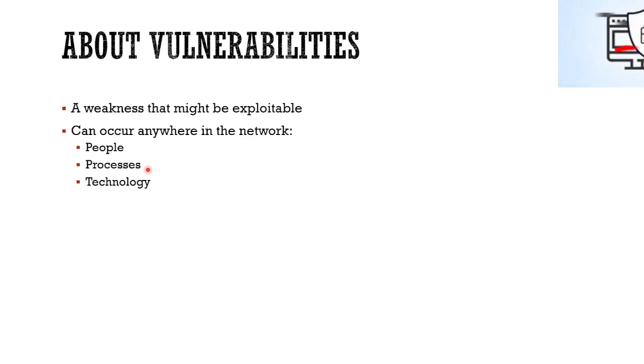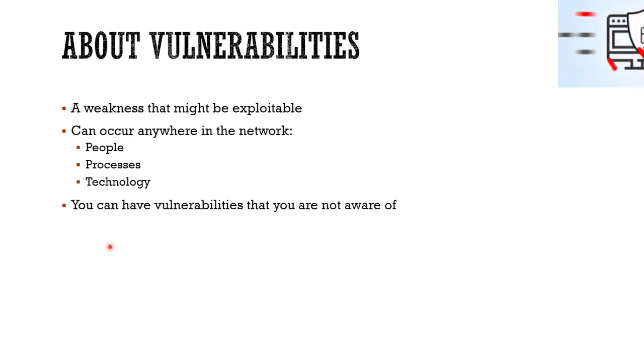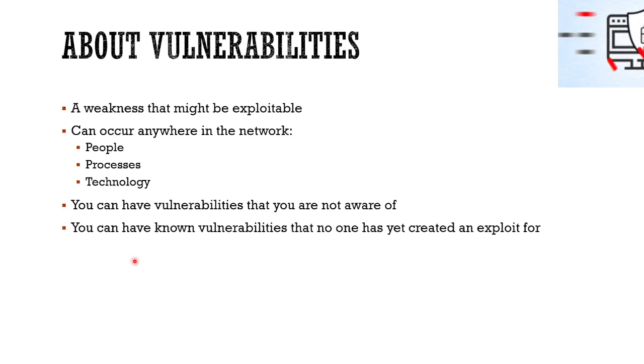There are plenty of opportunities for someone to sneak into the facility. Or they could be in technology, like this particular web server has vulnerabilities. You can, and probably do, have vulnerabilities you're not aware of. Or you could have vulnerabilities that are known, but no one has yet created an exploit for.